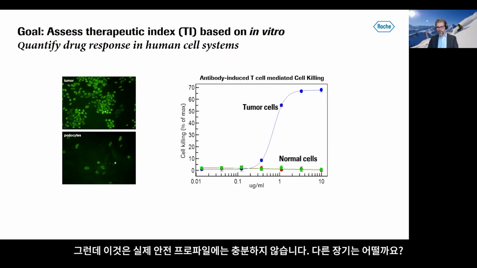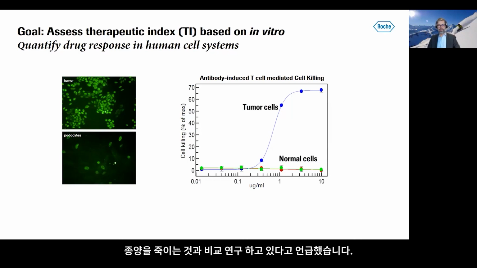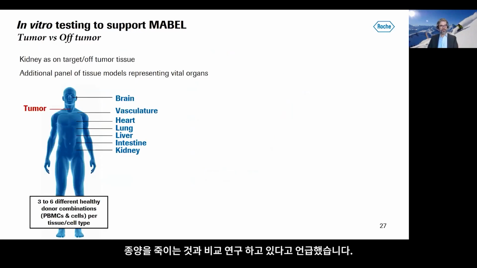But of course, this is not sufficient for a real safety profiling. What about all the other organs? So we said we're now using a suite of just the key organs of the human body and comparing to our tumor killing to generate an in vitro therapeutic index.